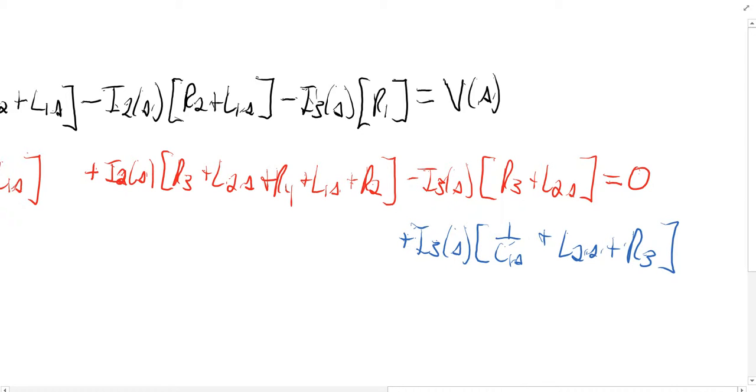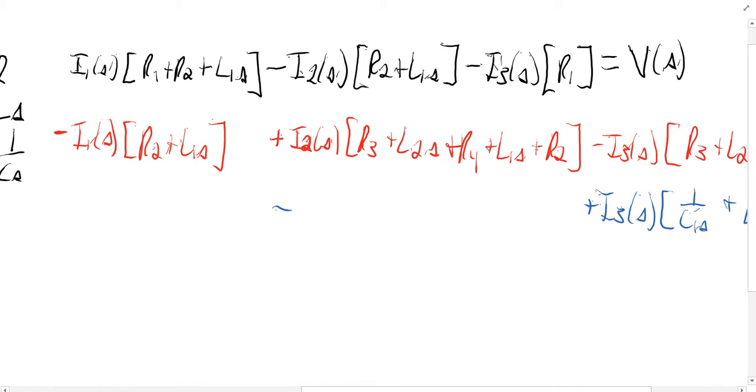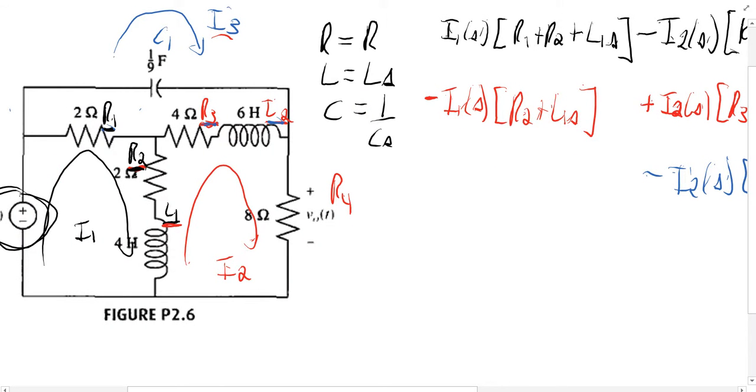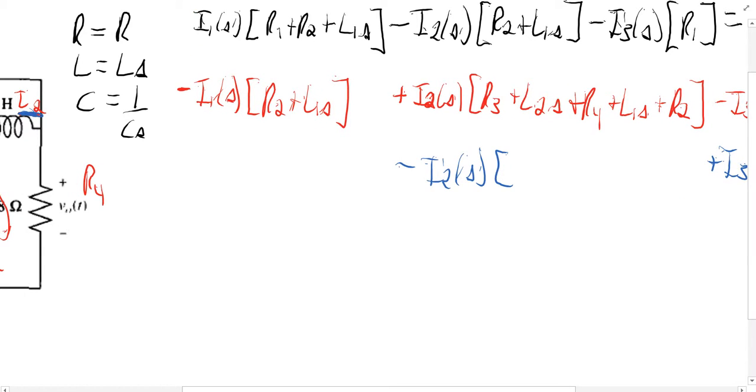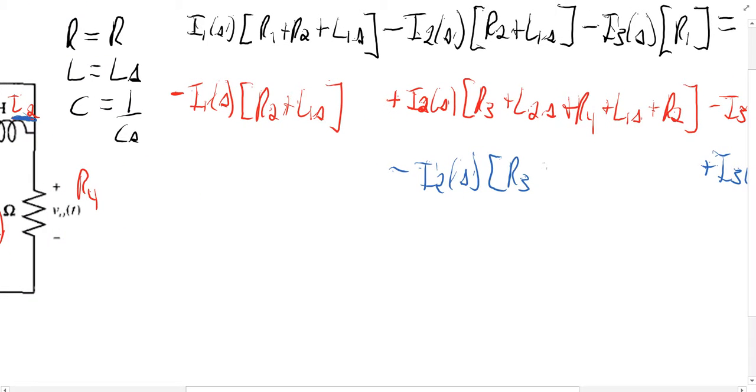and close parentheses. Now we subtract I2 of S, and we're gonna see which components are being shared by I3 and I2, which is gonna be R3 and L2. So R3 plus L2S.